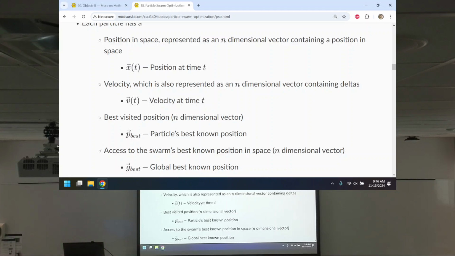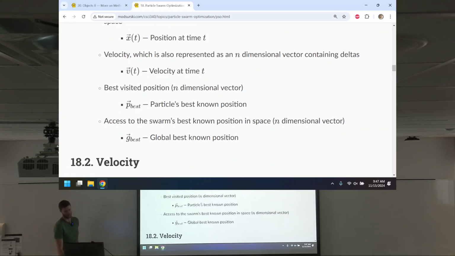And it has access to the swarm's best known position in n-dimensional space. So the particle knows where it is. It knows its current velocity. It knows the best location it's ever found, and it knows the best location anybody in the whole population has ever found. Cool? Cool.